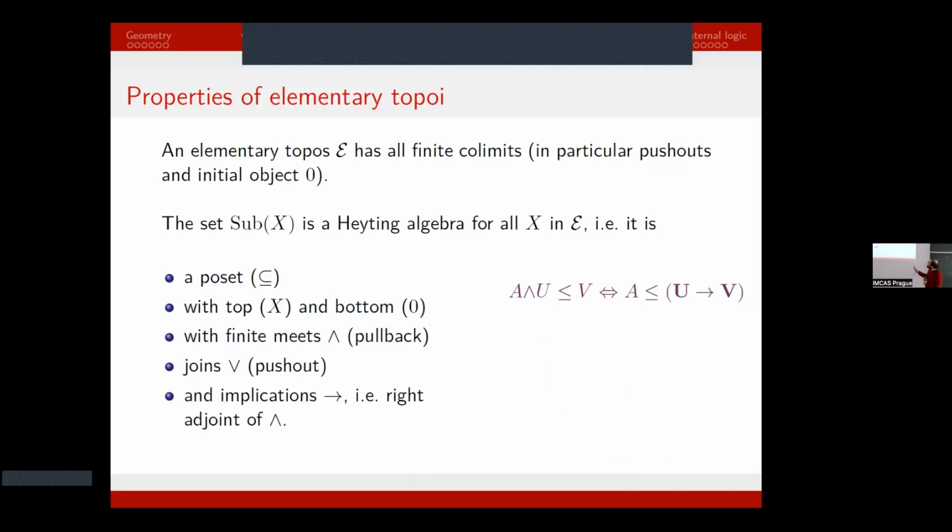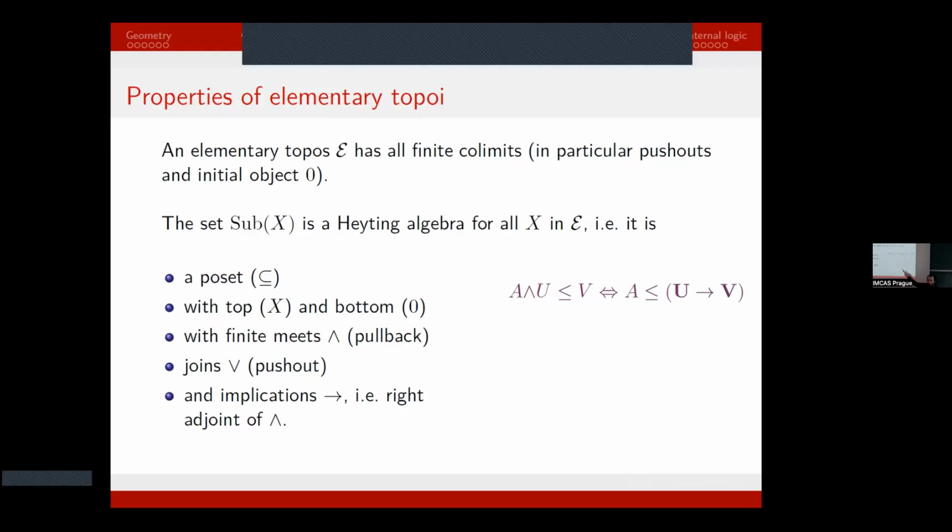How do we build it? We want it to be the right adjoint of wedge, right? So we put the wedge on the left and the map on the right. And what this property means is that the implication U implies V is the biggest object such that whenever the implication is true and U, which is the hypothesis, is true, then V is true.